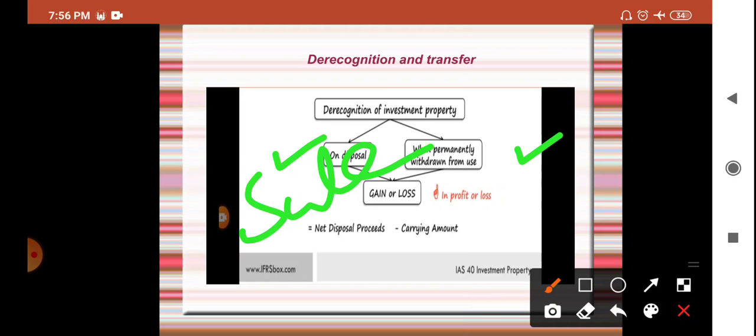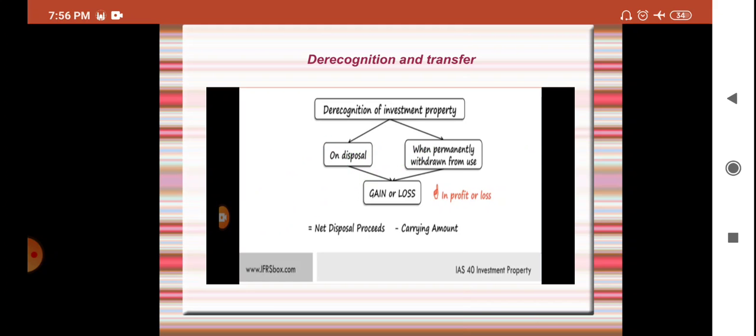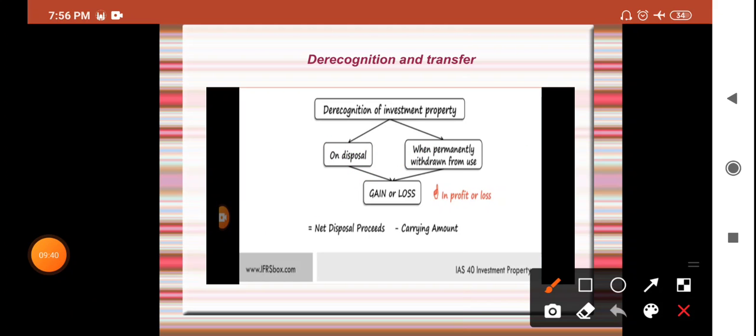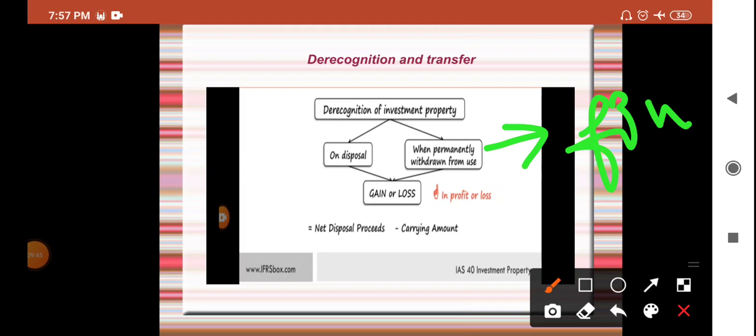Next, when you are permanently withdrawing that investment property from use. So here it means you are not getting any financial benefits in the current year or in the future, so you are completely withdrawing that investment property from use.